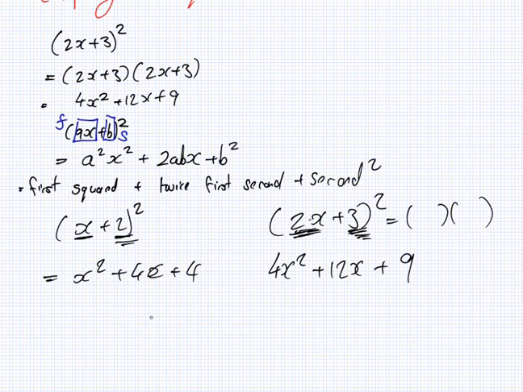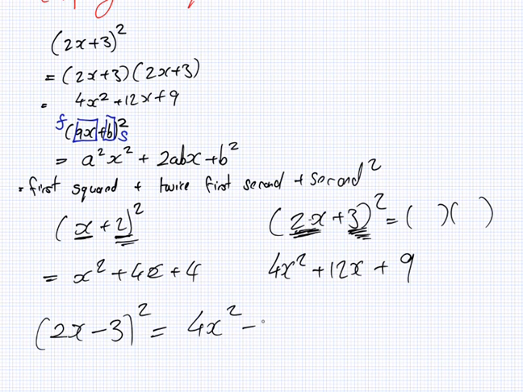Let's do one more example. Alright. Sorry, squared. So what's first? First squared. This is minus 6x when you multiply them. And what's twice of that? Double minus 6x.